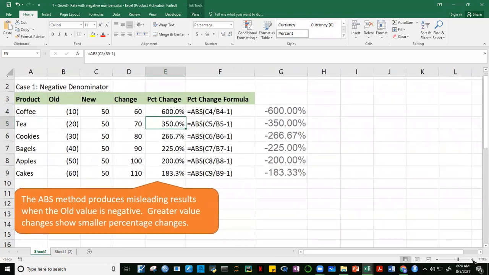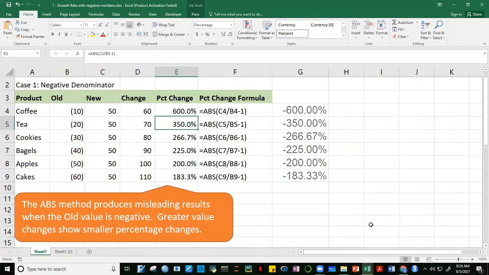However, guys, if you notice, ang pinaka-problema natin dito, from negative 10 to 50, ang pinaka-change niya is 60. Ito naman, from negative 60 to 50, the increase was 110. Okay? Therefore, if we analyze, di ba dapat mas magiging malaki yung percentage increase kung mas malaki yung change?